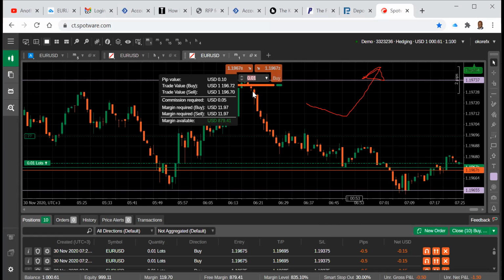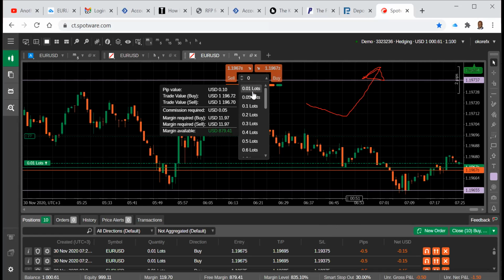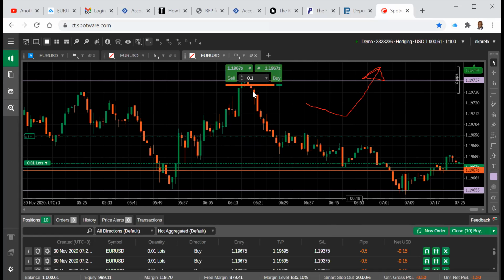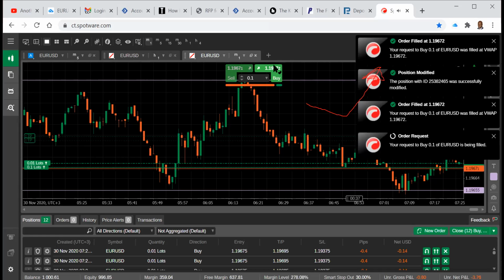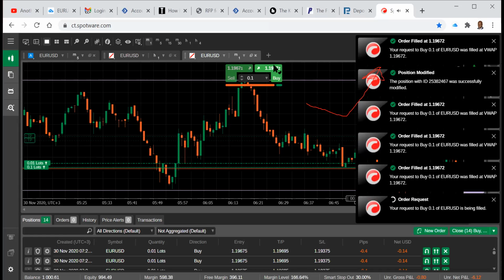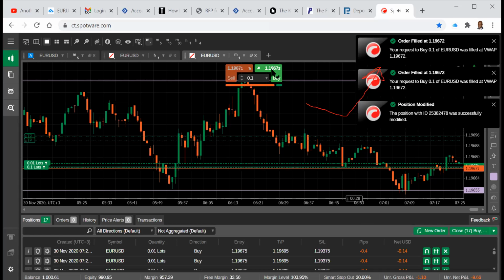So let's do 0.1. Okay, so now let's see what happens if I take 10 trades. All right, I'm going to take 10 more trades. 1, 2, 3, 4, 6, 7, 8.